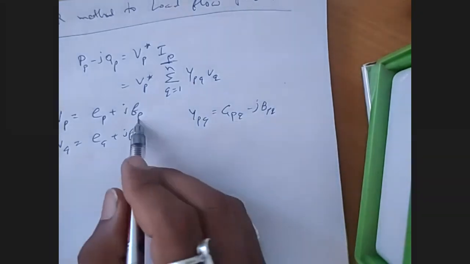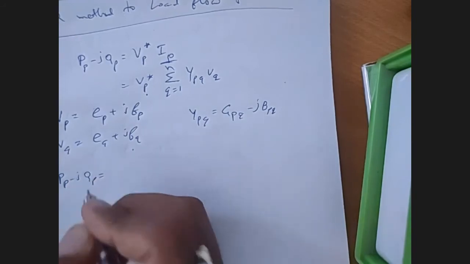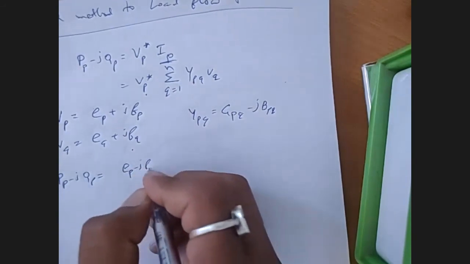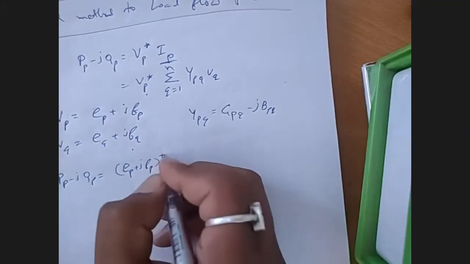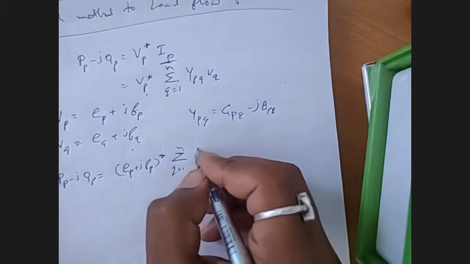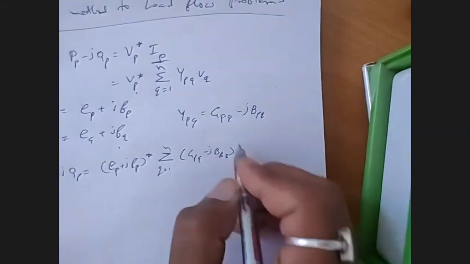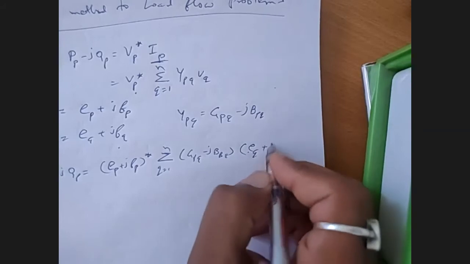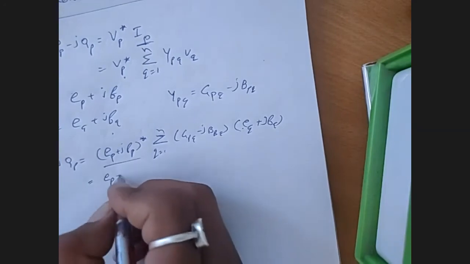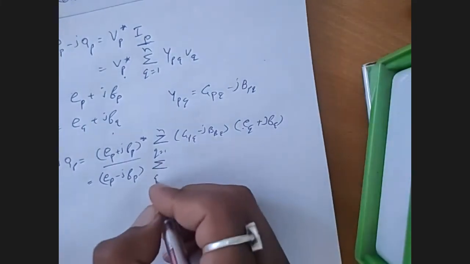and Ypq equal to Gpq minus jBpq. So when we write these in this equation, Pp minus jQp will become (Ep minus jFp) summation q equal to 1 to n (Gpq minus jBpq) into (Eq plus jFq). So this will become (Ep minus jFp) summation q equal to 1 to n.